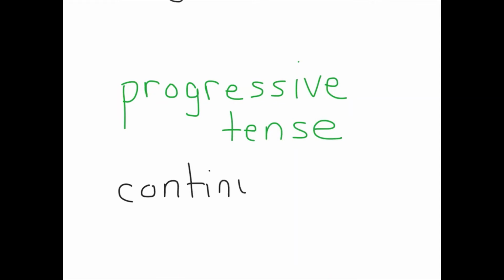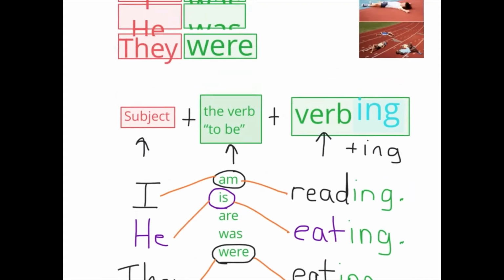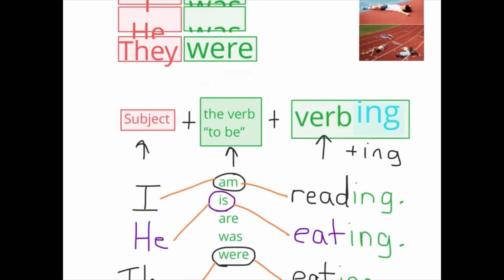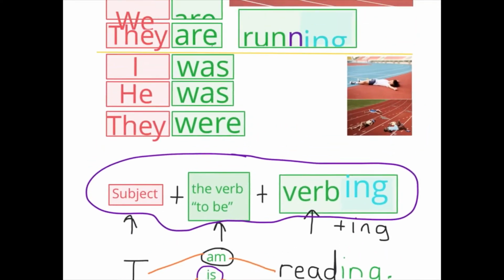These mean the same thing. You do not need to know these words right now. But you should know this pattern right here. The subject plus the verb to be plus an action verb plus ing.